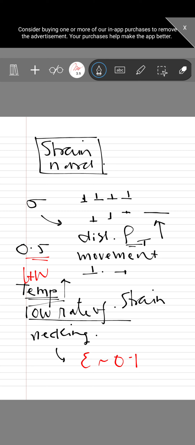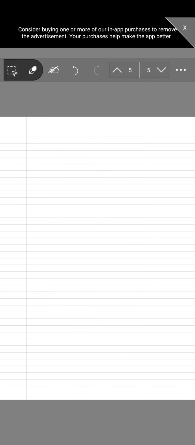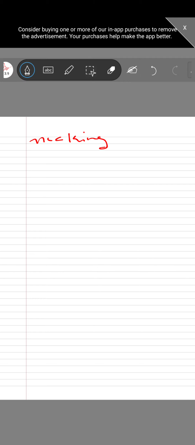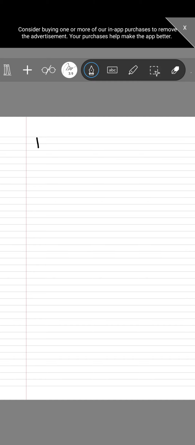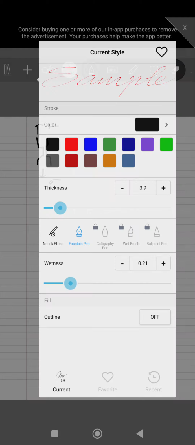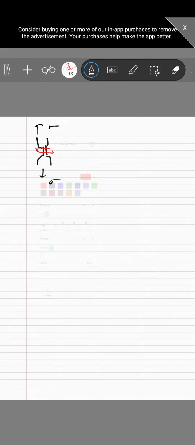Now, also this process of necking: this is a dog bone shaped specimen. The tensile stress is concentrating on this region, and what has happened is that there is a reduction in cross-sectional area.